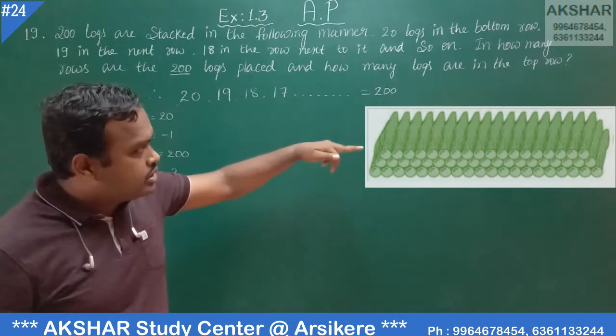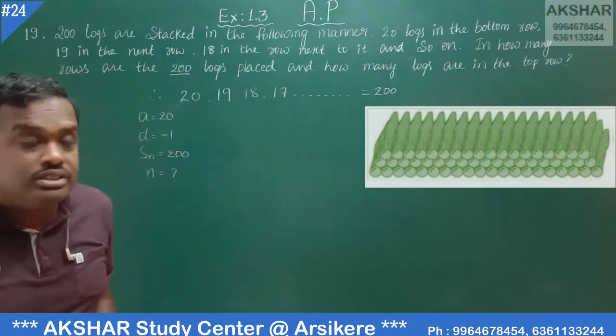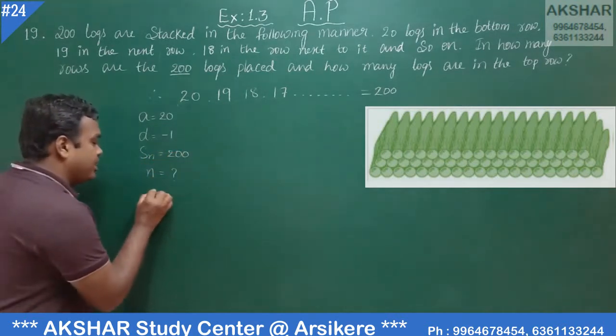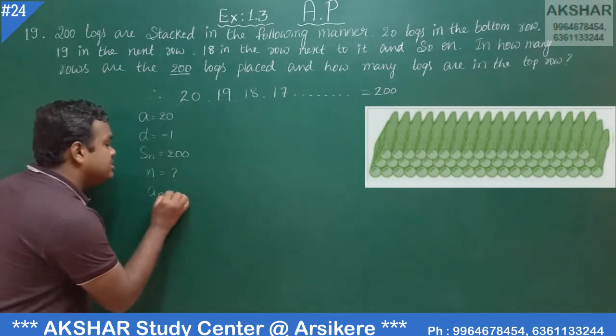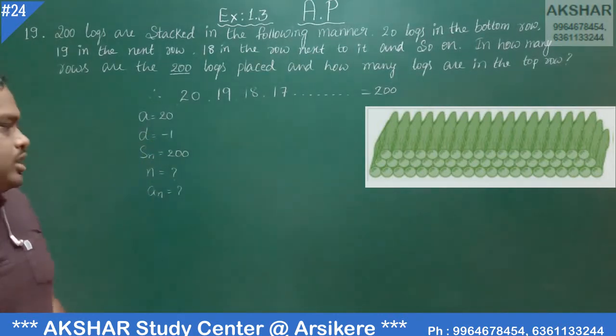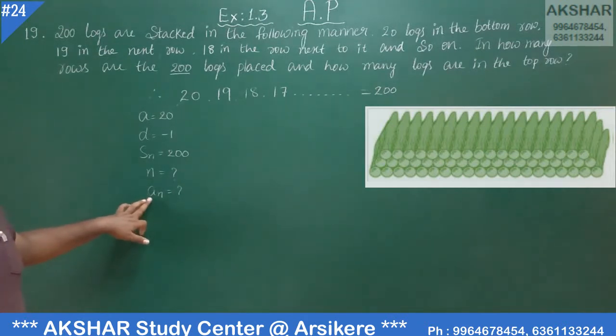First row, second row, third row means the top row will be the last row. The last row is nothing but the last term. So we need to find here an, which is equal to question mark. Is it clear? Okay, now first we need to find the n value, then we will find the an value.